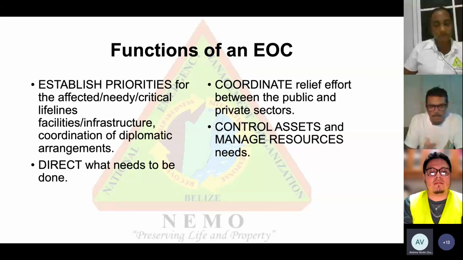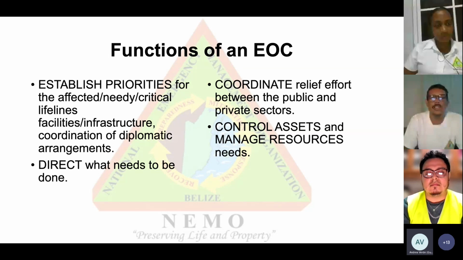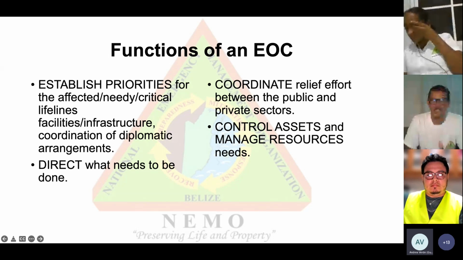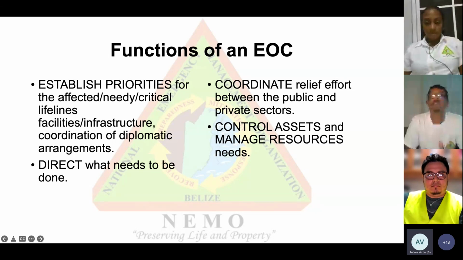I know Miss Renice likes to do reviews, so this is a good slide. It highlights the main functions of the EOC. If you would remember them: establish priorities, direct operations, coordinate the operations and control assets, and manage resources.